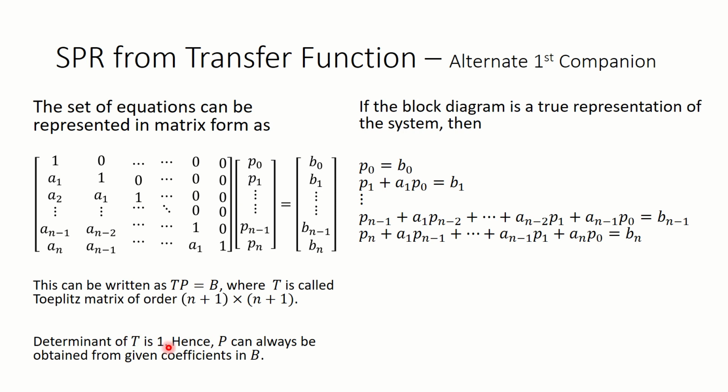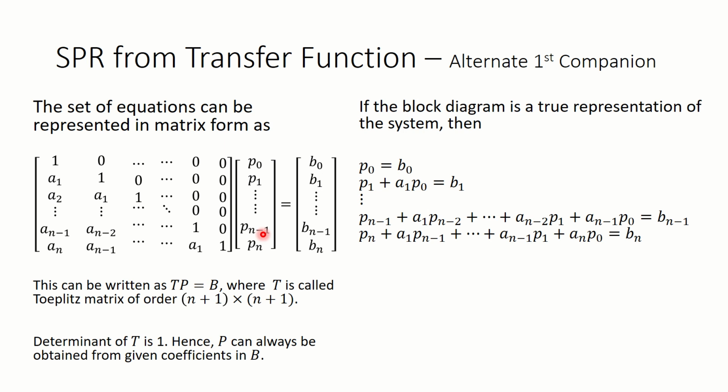By this observation we can conclude that this set of p coefficients, which we incorporated in the block diagram forcefully, we now see that we can calculate them uniquely. So then whatever procedure we have followed is justified.